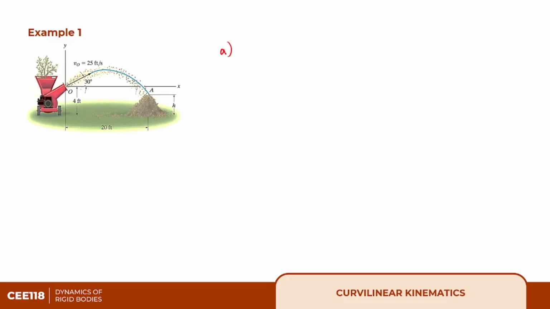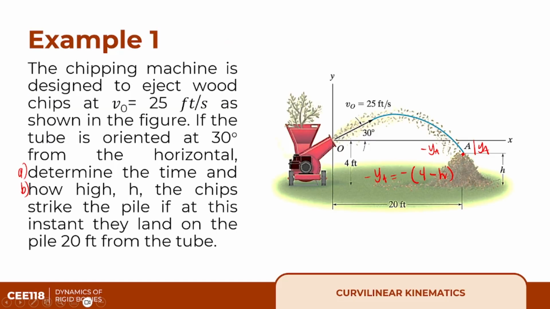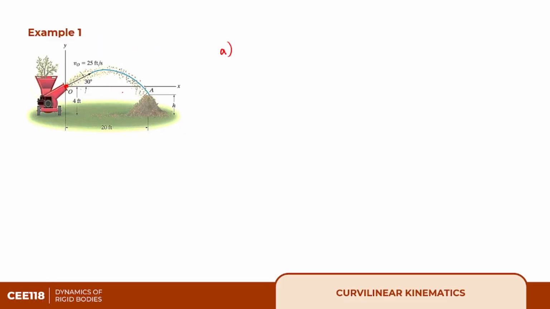Again, the time it takes for the wood chips to go from this point down to here is the same time it would take from the initial point to this point.